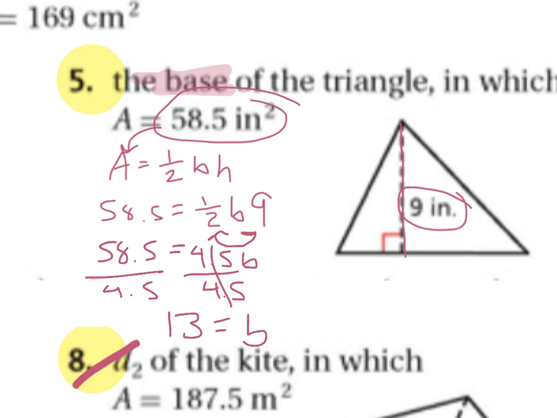So our base is going to be equal to 13. If it gives us inches in our question, then we have to put inches in our answer. And since we're just finding what the base is, our base is just going to be 13 inches. Remember, if we were finding the area, it would have to be inches squared, but since it's just the base, it's just inches.